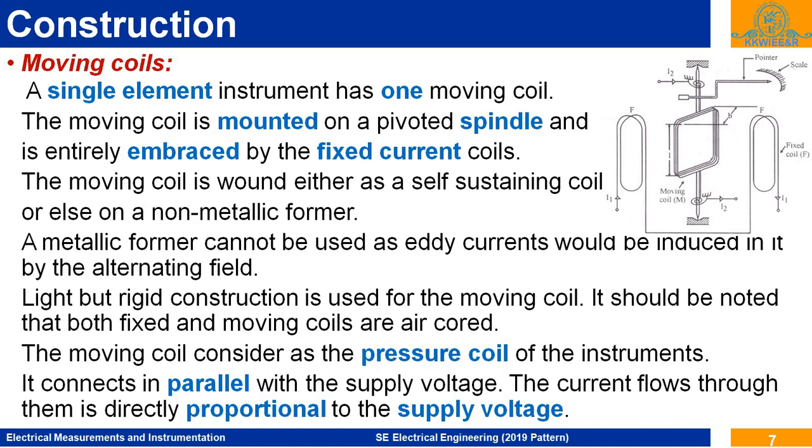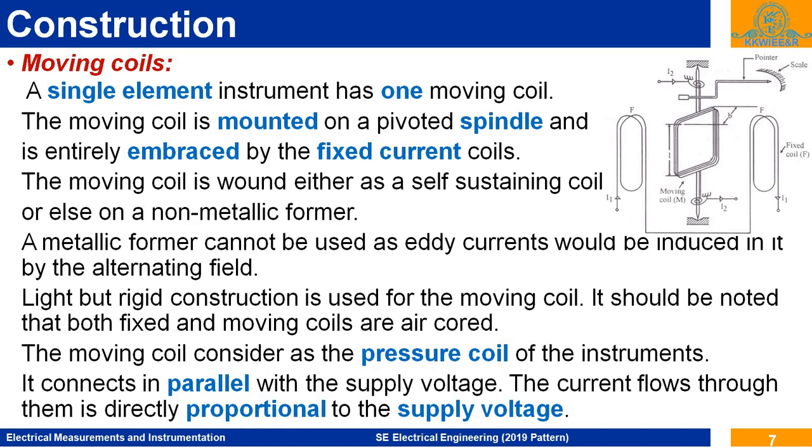So this moving coil is used as a pressure coil for the measurement of voltage. Overall, the current flowing through this coil is limited, so the size of this coil is optimized. Overall weight is optimized.